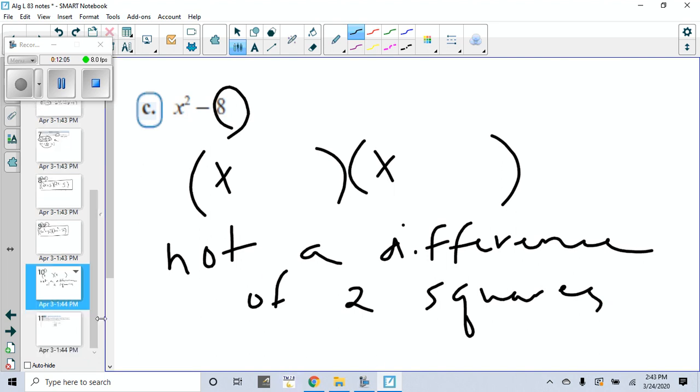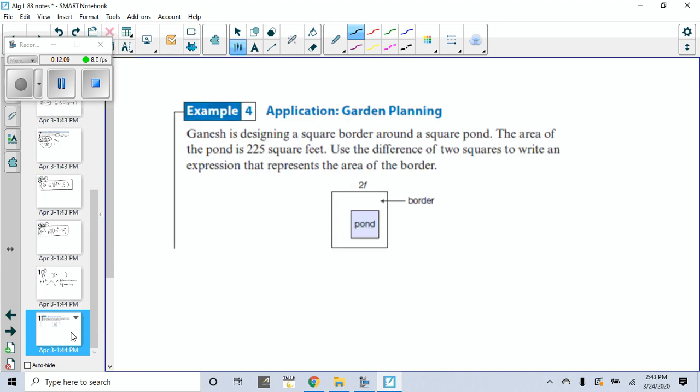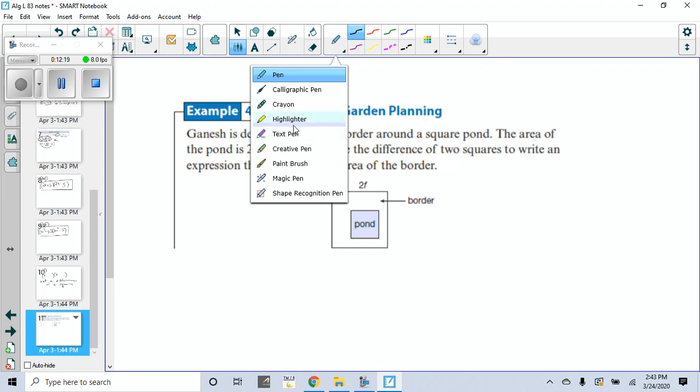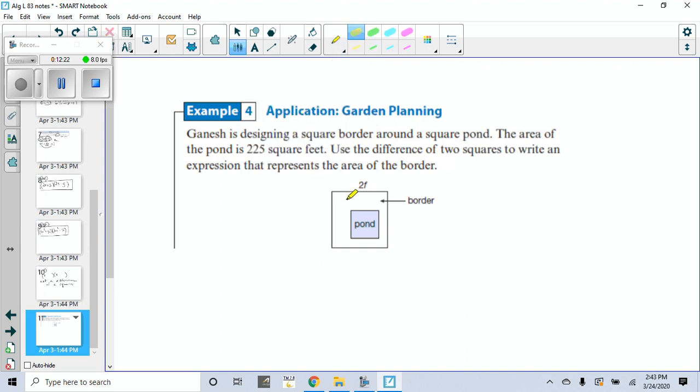Oh wait, we have one more question. Ganesh is designing a square border around the square pond. The part they're talking about here is this border.